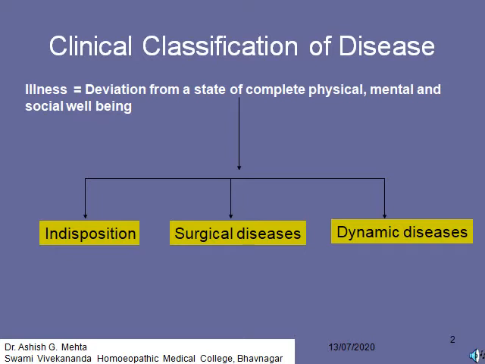One is indisposition, second is surgical diseases, and the third is dynamic disease or disease proper. Now see the genius of Dr. Hahnemann, that he has given the major classification of the diseases according to the altered physiology, altered anatomy and pathology. So he has travelled from altered physiology to pathology very easily.